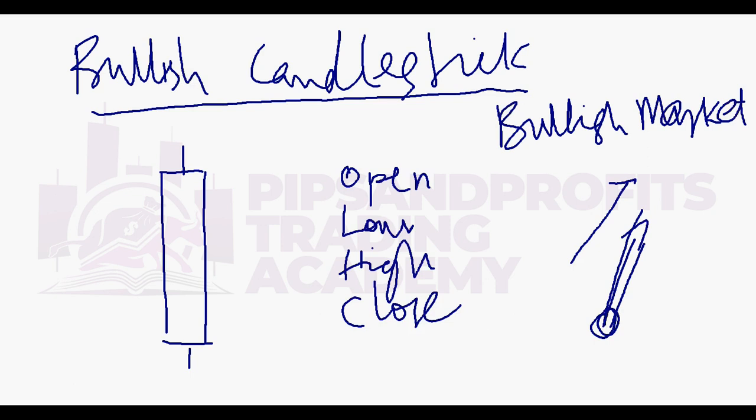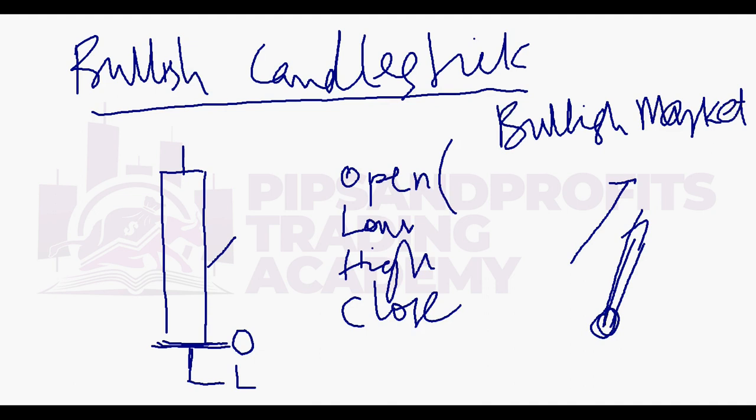The candle you are seeing over here is a bullish candle, and as I said, a bullish candle will open from a lower price level. So this price level here is your open. And then when the candlestick opens, it will make what we call a low. So this point is a low.